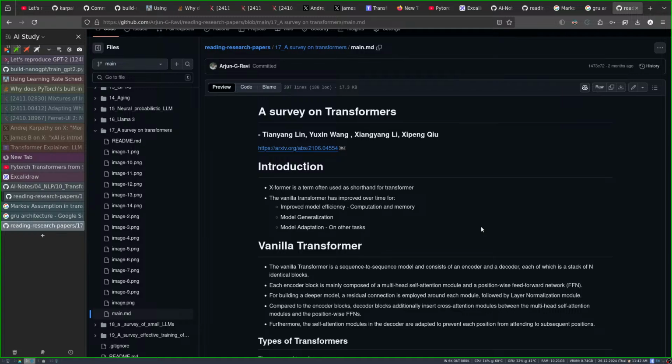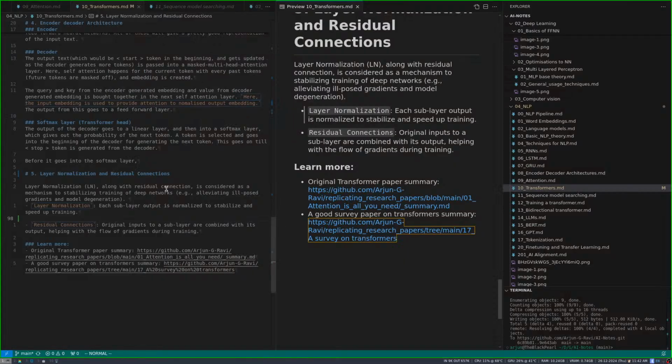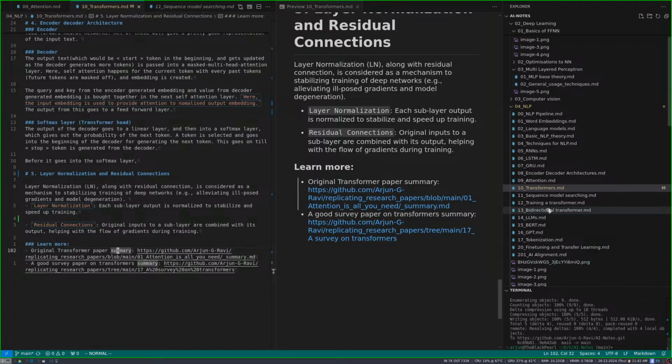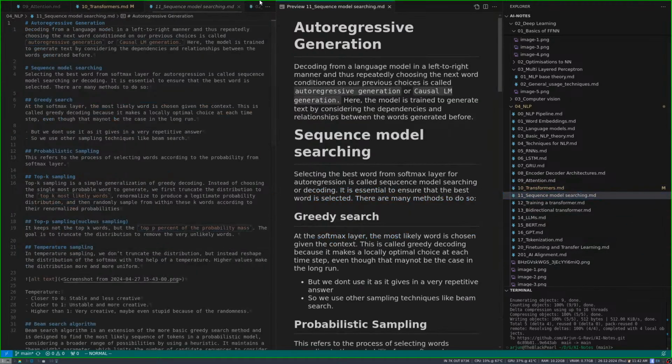I kind of want to read the summary too. Sequence model, autoregressive generation.